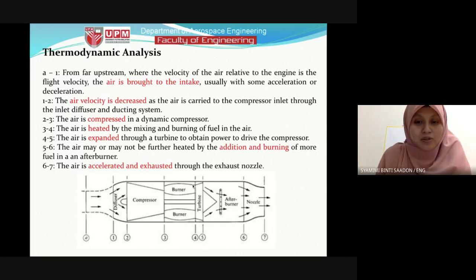Remember? Here at the exit of the burner or combustion chamber, the temperature is high, right? Due to the conservation of energy, the pressure and the temperature at the inlet of the turbine, or at the exit of the burner, are very high.